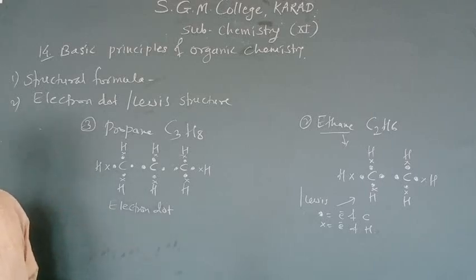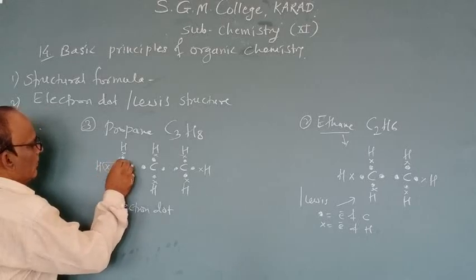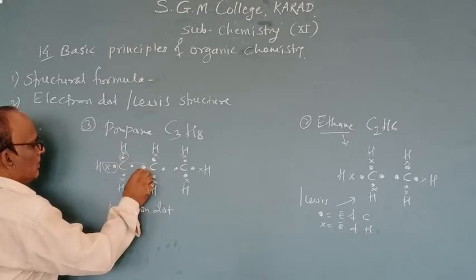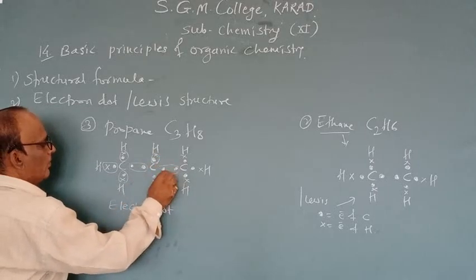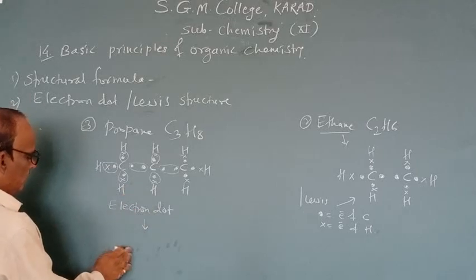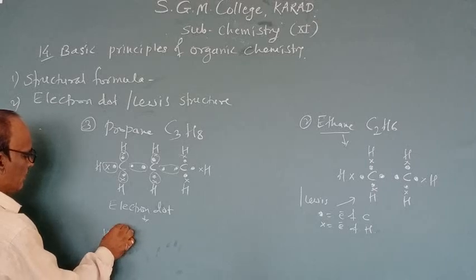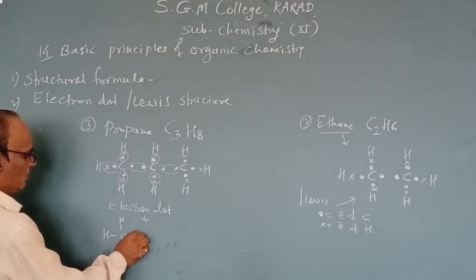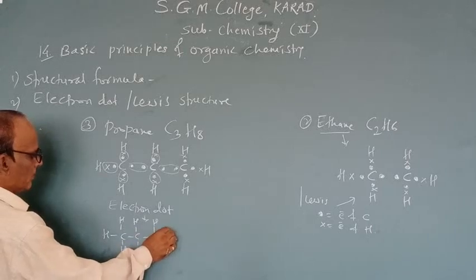For the formation of a bond between two atoms, these 2 electrons are required. These 2 electrons form a covalent bond between these 2 atoms. So from this we can also write the structural formula, because 2 electrons form a covalent bond between 2 atoms.